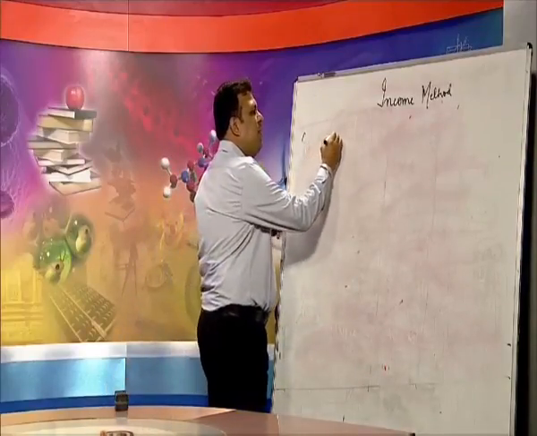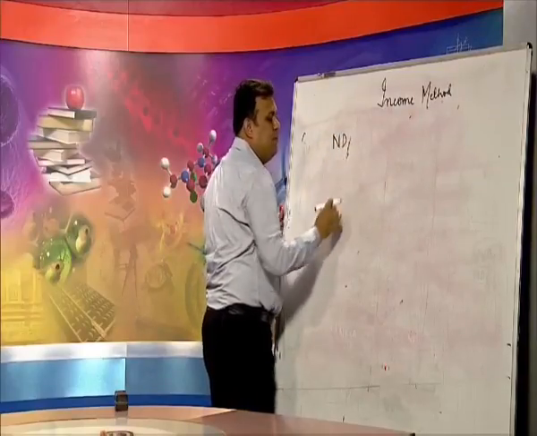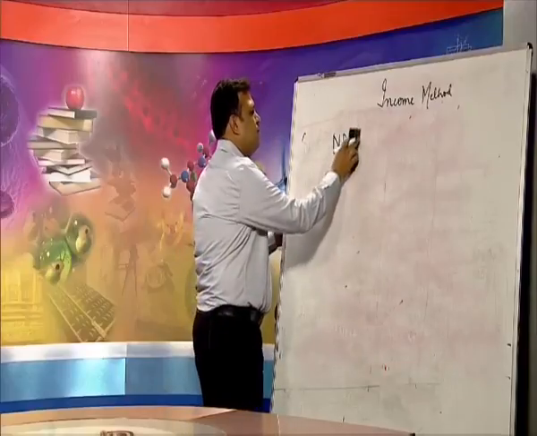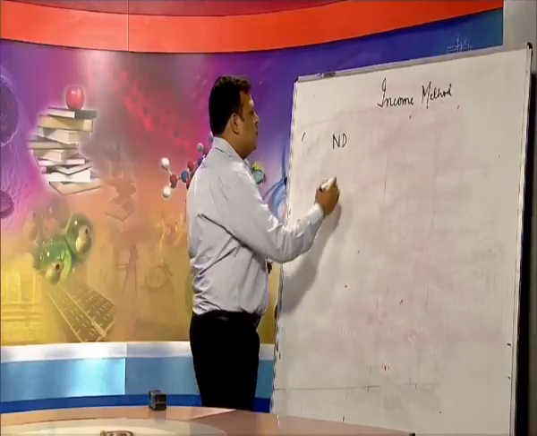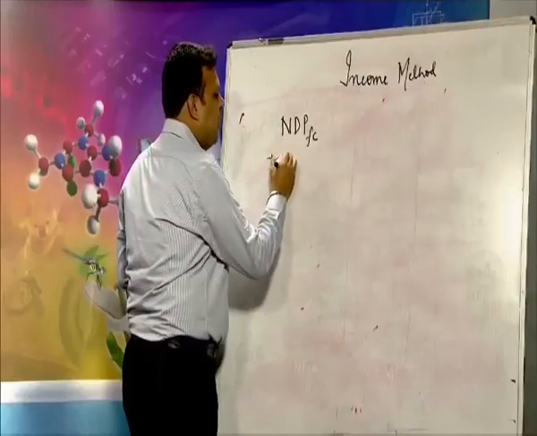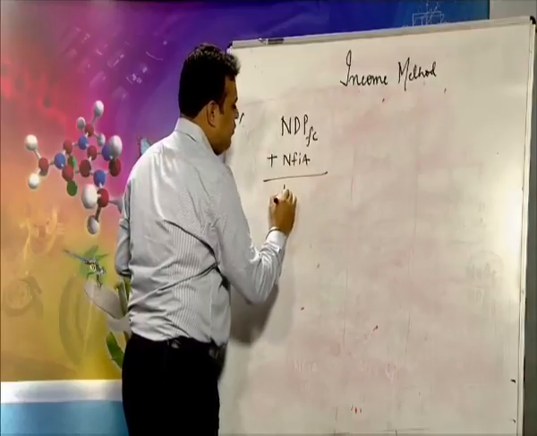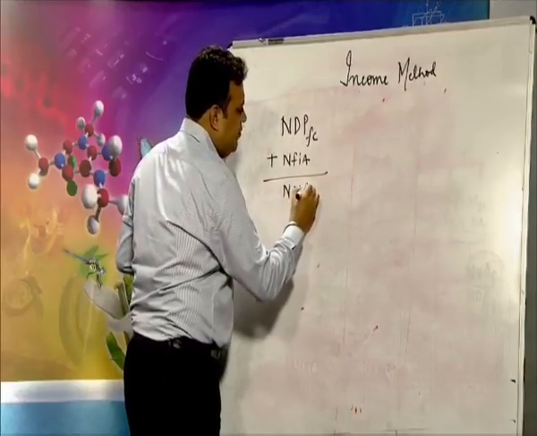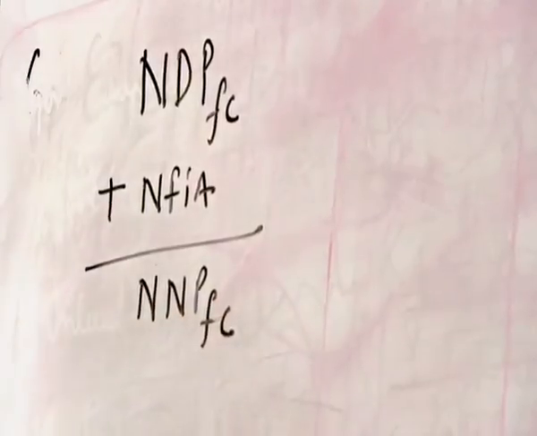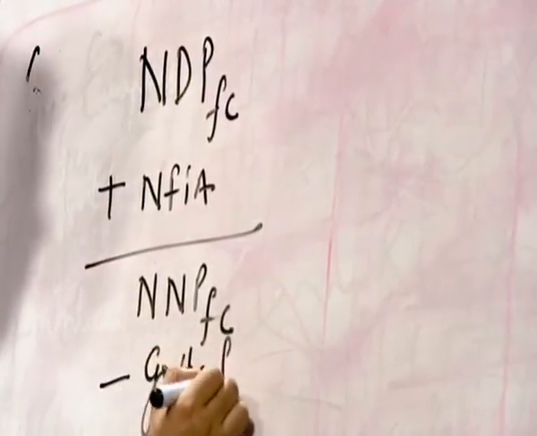So what we did in the beginning, we have domestic income, NDP at FC. We added NFIA, we got national income, NNP at FC. Then we deducted government surplus.